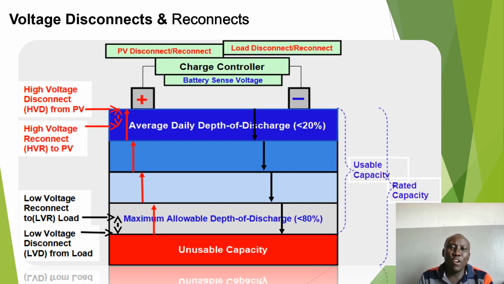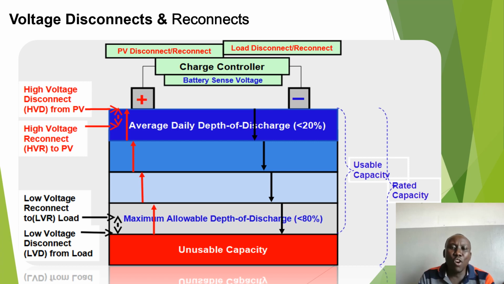Then we have the low voltage reconnect. The maximum allowed depth of discharge is 80%. So you are not supposed to discharge your battery below 80%. You will spoil it. The low voltage reconnect will always reconnect when it goes above 80%.